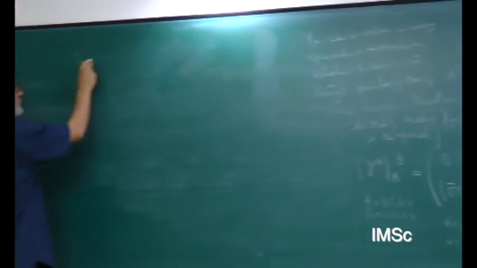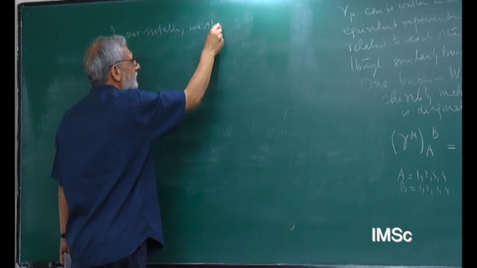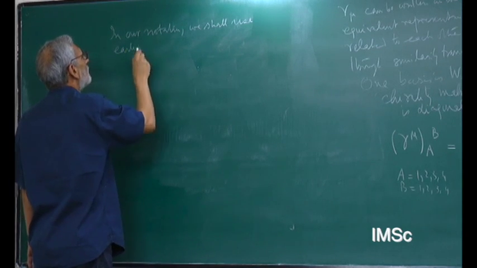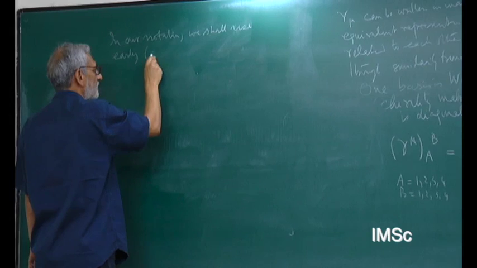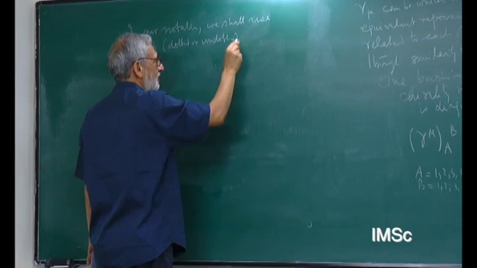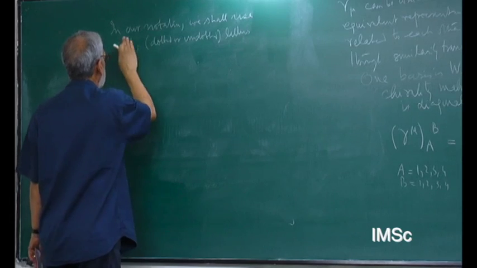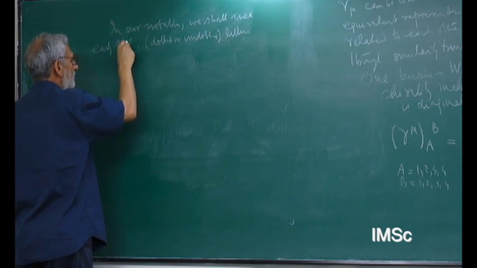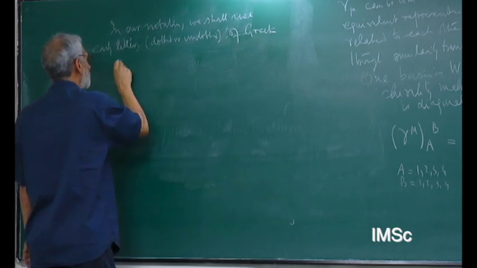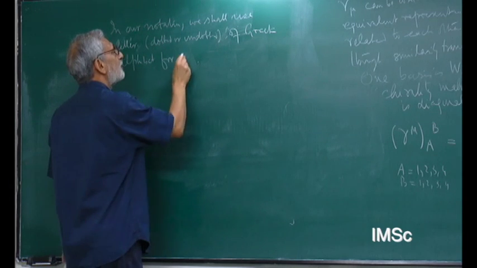In our notation, we shall use early letters, dotted or undotted, of the Greek alphabet for spinor indices.